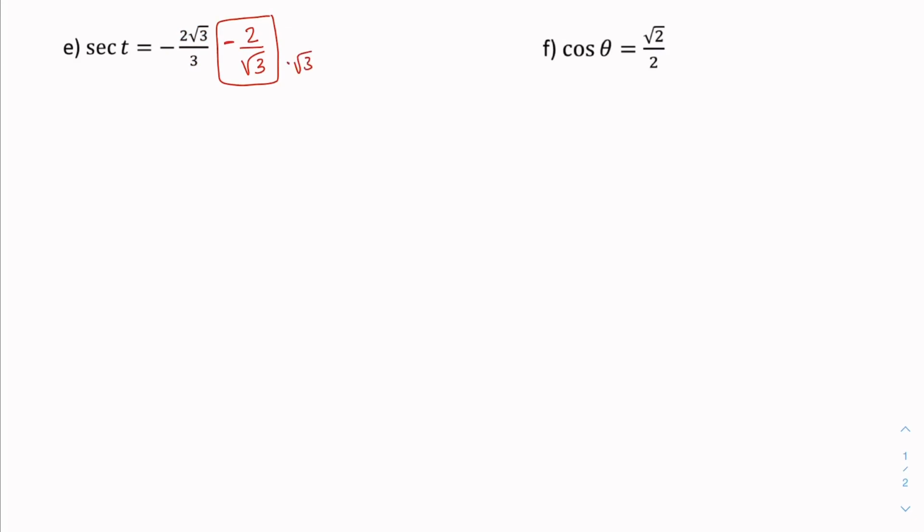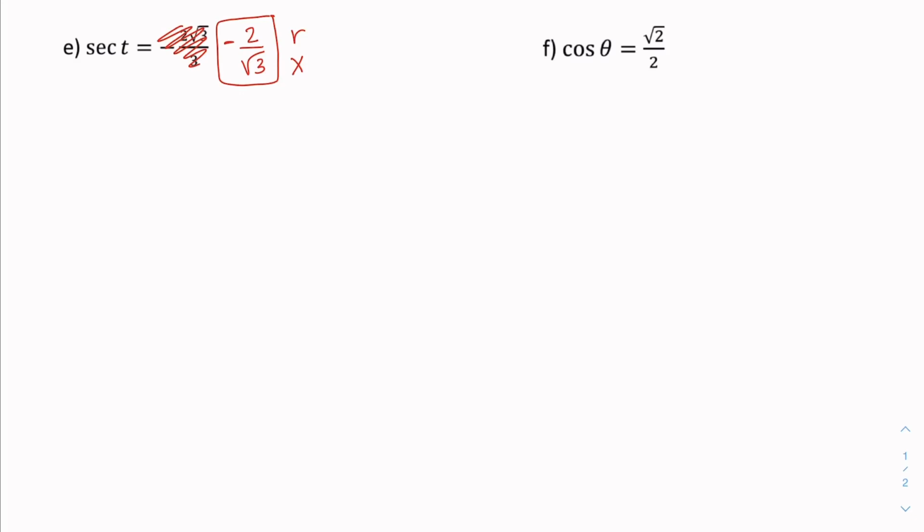If I multiplied by radical 3 on the bottom, I would get 3. If I multiplied the top by the radical 3, I'd get negative 2 radical 3. And so you can see these are actually equivalent. But we need to work with this guy because it's familiar to us. So if secant is r over x, now we can actually proceed.